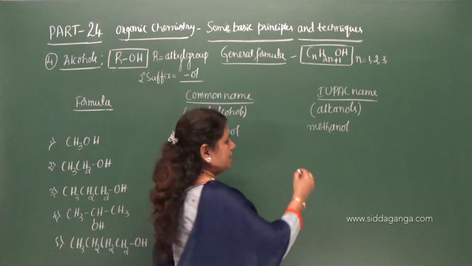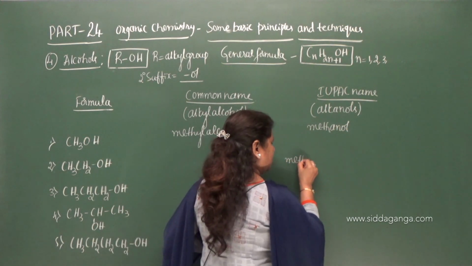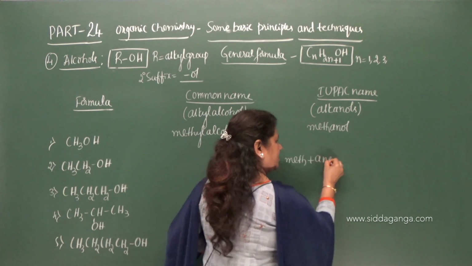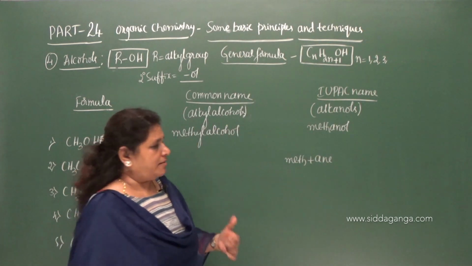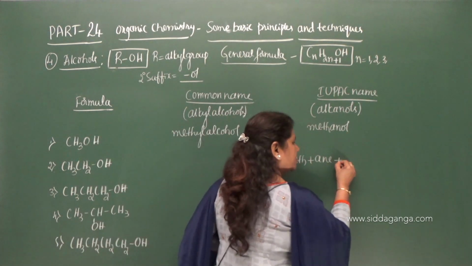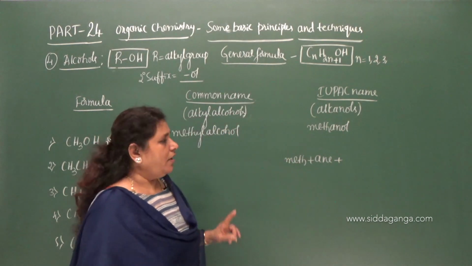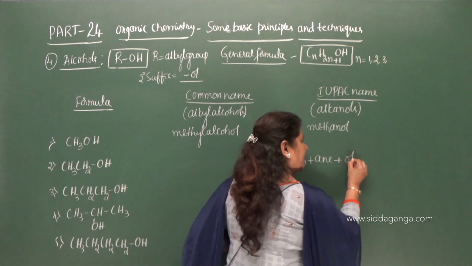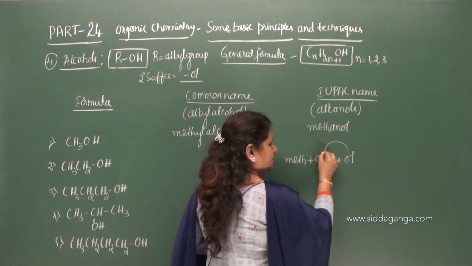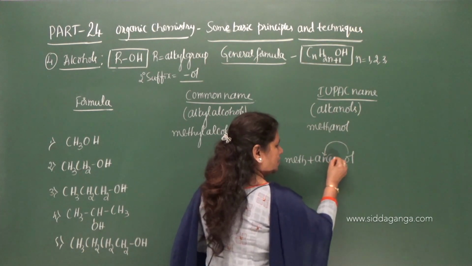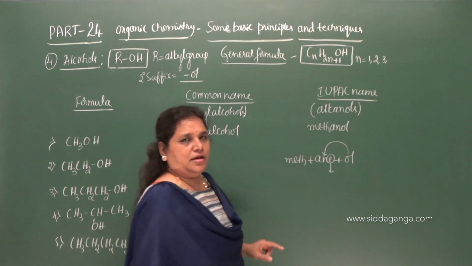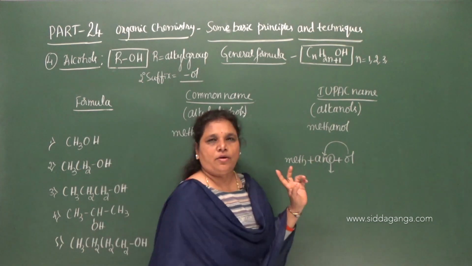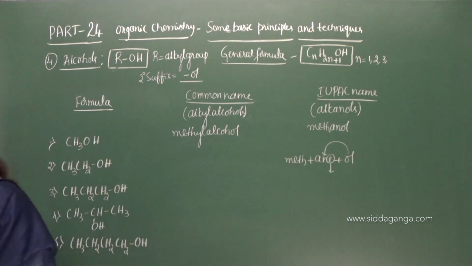Meth is for one carbon, and ane is the primary suffix as the carbon chain is straight and contains a single bond, and ol is the secondary suffix. While adding the secondary suffix to the primary suffix, you need to drop the terminal a, and thus it becomes methanol. Methanol is the IUPAC name.